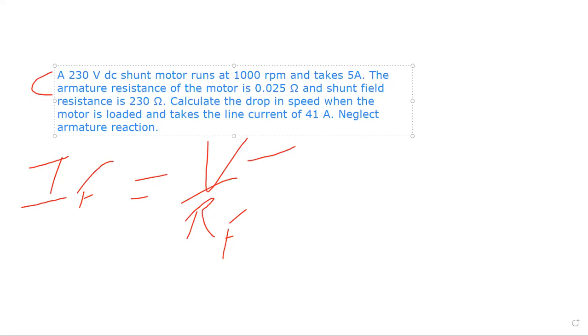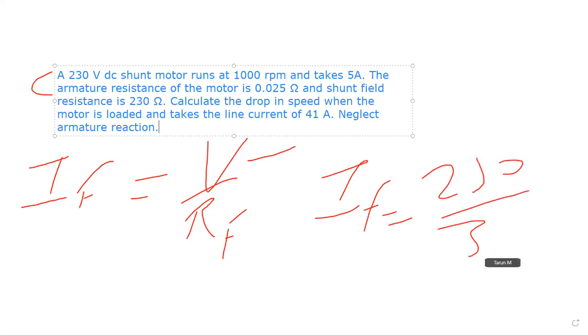So what will be the field current? What will be the value? 230 divided by 230, right? So write it down: IF equal to V upon RF. Then when you solve this, your field current will be 1 amp. Okay. I can erase this much.